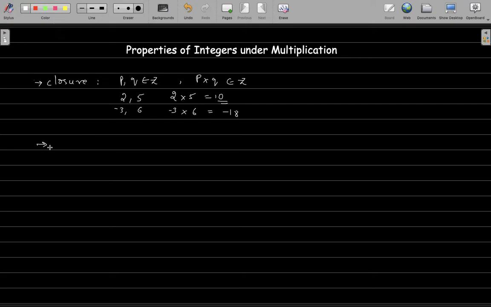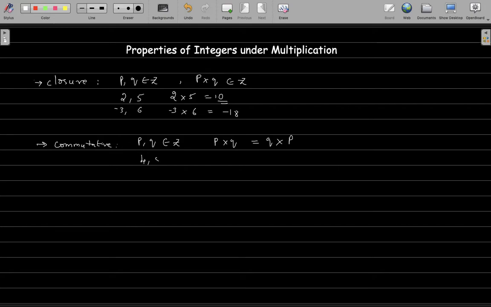The next property we have here is the commutative property. What do you mean by the commutative property of integers under multiplication? We say that if p and q are two integers, then p times q will be the same as q times p. This property is called the commutative property.